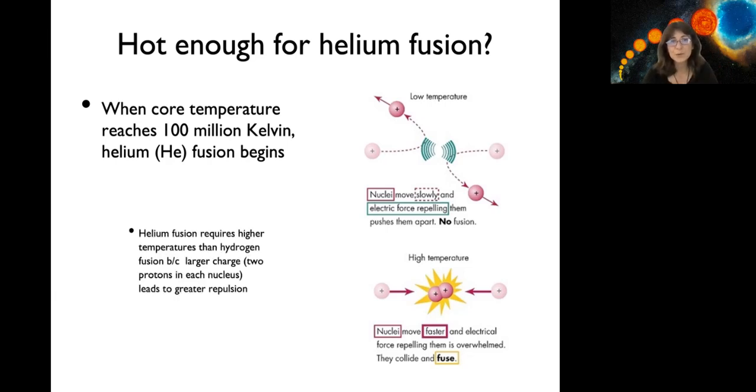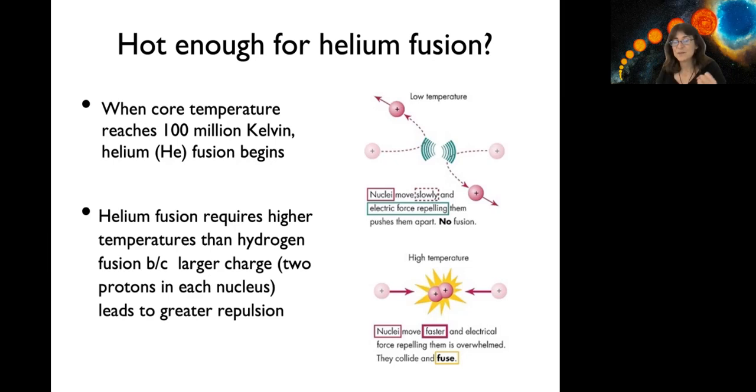Now, when you have a helium, it's a lot harder to get it together with another helium. Why? Because each helium has 2 protons, 2 positively charged particles. So 2 positives with 2 positives is a lot more repulsion.